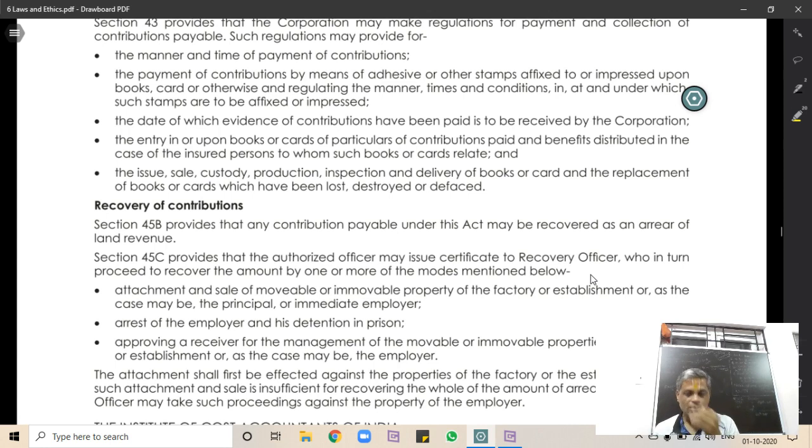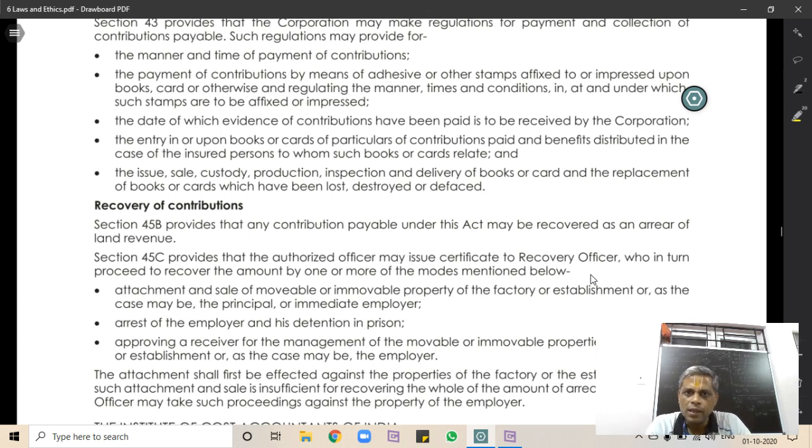See, if the factory or establishment failed to make payment as per the regulations, as per the sum due to the corporation, then the authorized officer may issue a certificate to the recovery officer, who can proceed to recover the amount by sale or attachment of movable or immovable property of the factory or establishment, or as the case may be, of the principal or the immediate employer.